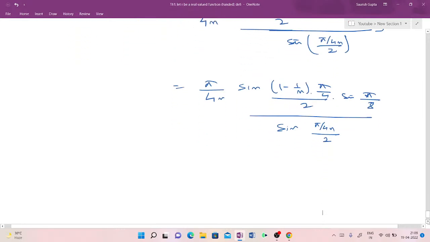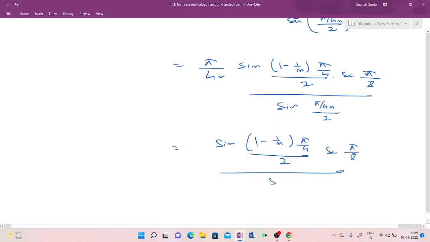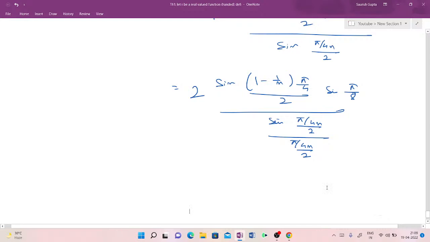You can obviously write this as sine of (1 minus 1 over n) pi upon 4 by 2 times sine of pi upon 8, upon sine of pi upon 4n by 2 divided by pi upon 4n by 2, and you multiply a 2 here. Is this okay?